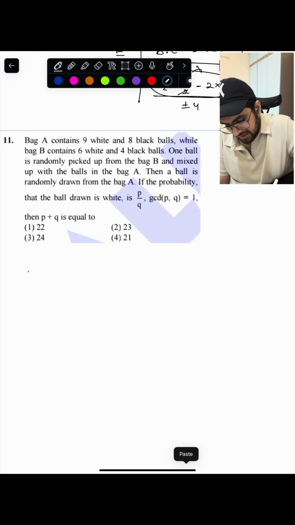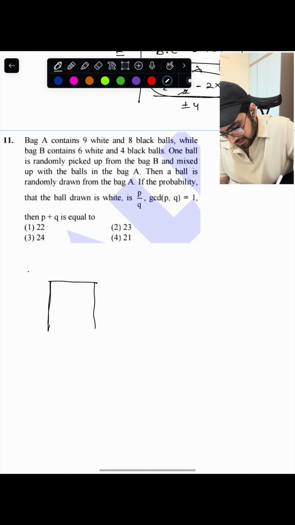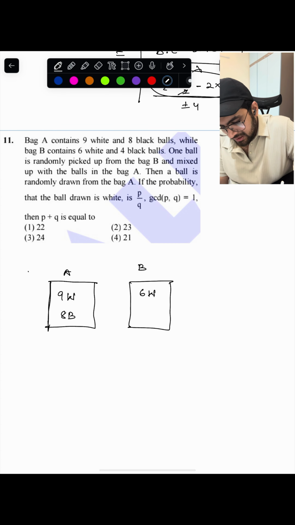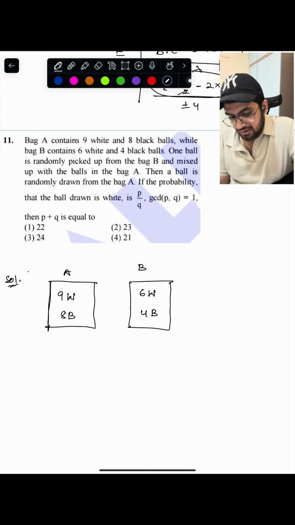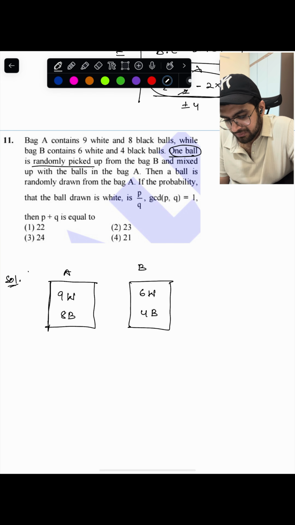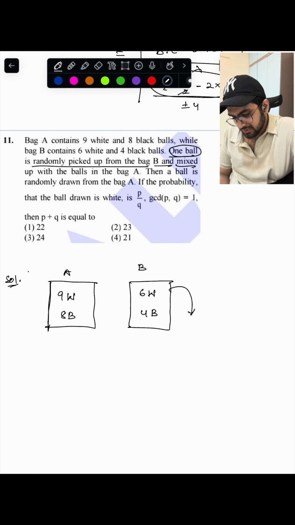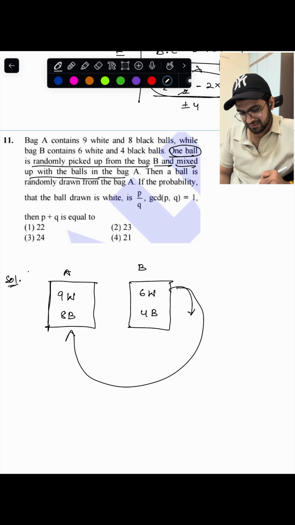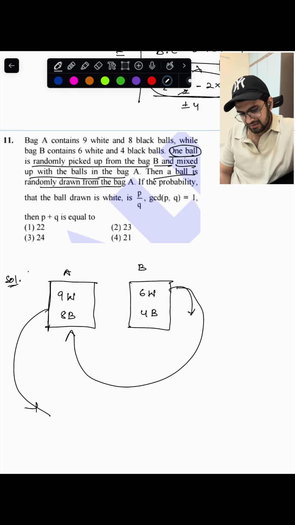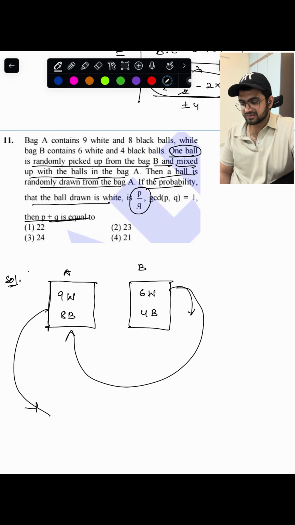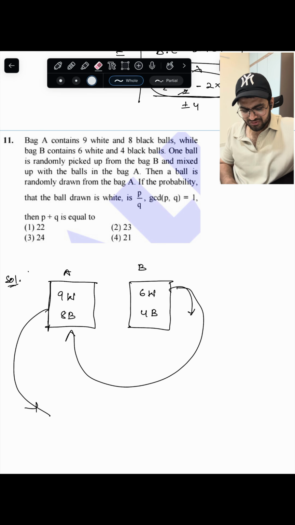Now one ball is randomly picked up from bag B and mixed up with the balls in bag A. Then a ball is drawn from bag A. If the probability of the ball drawn is white is P by Q, then P plus Q is how much, right? Very simple question. So let's analyze the question.